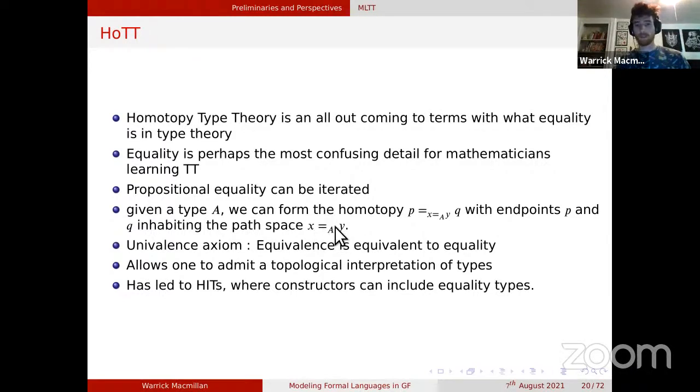So you can say, given some type, we can form a path between two points in that space. If x and y are points, then this equality means there's a path between those two members of that space. And now if we have two paths between x and y, we can deform one path into another. And that's what the topologist calls a homotopy. But from a type theory perspective, it's just a way of iterating that. It's a little bit confusing at first because why would anything be equal to something other than itself?